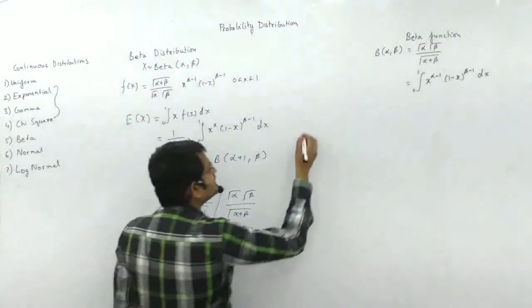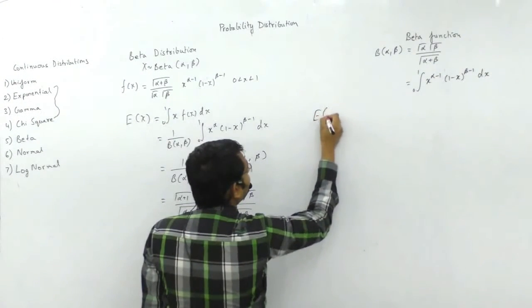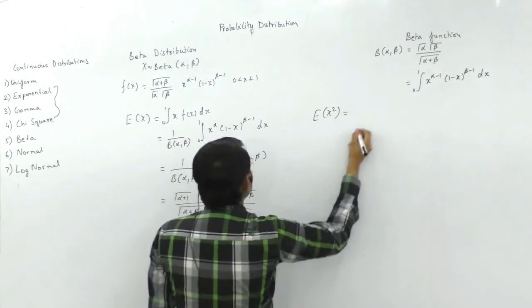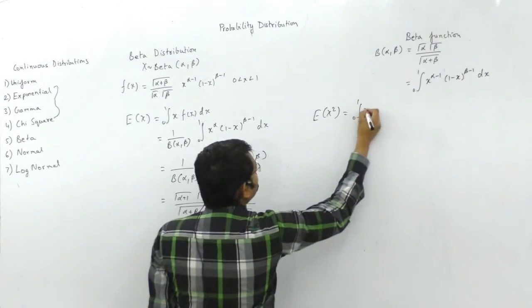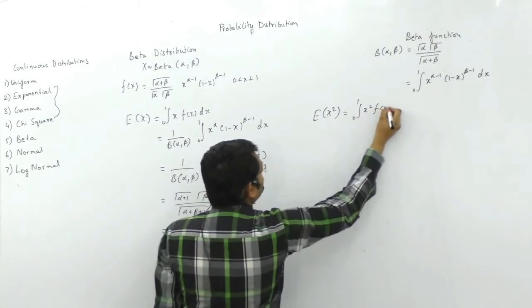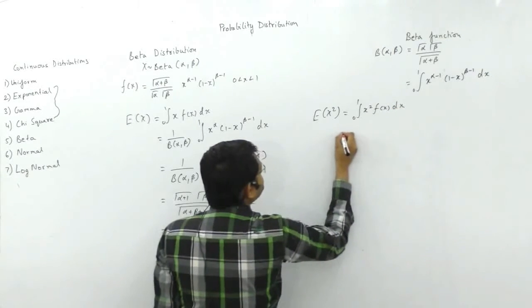Let's find E of x square. E of x square will have integration 0 to 1 x square f(x) dx.